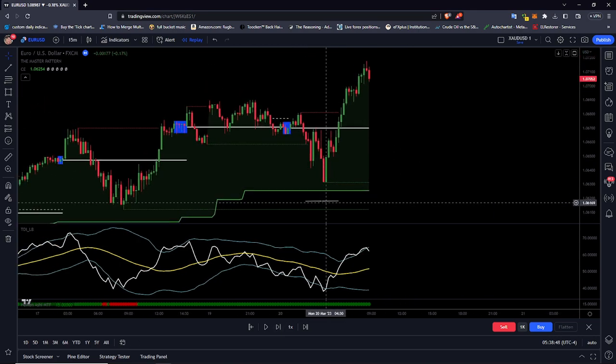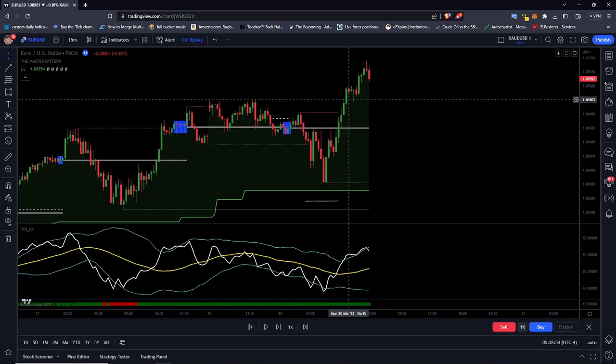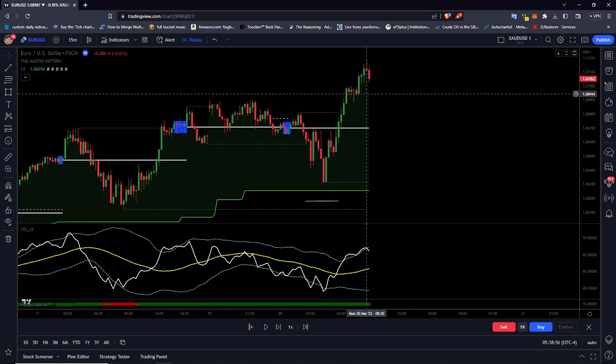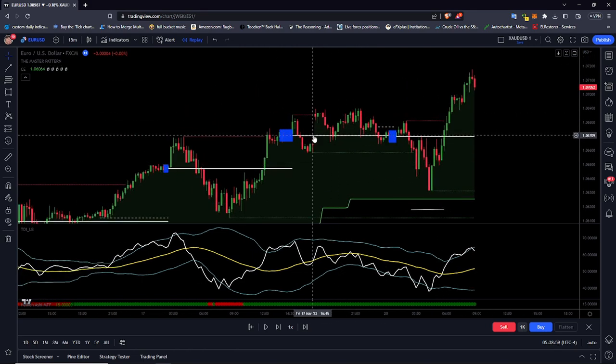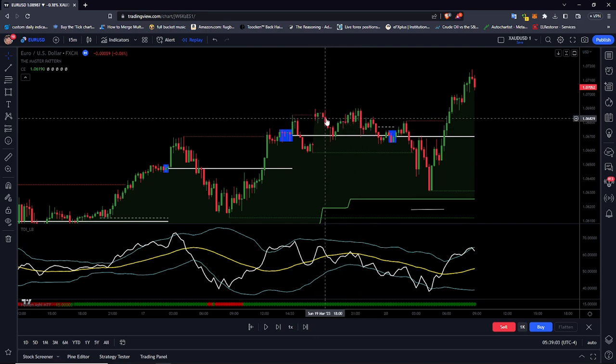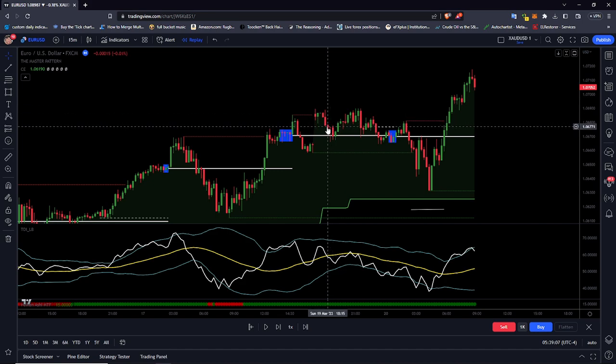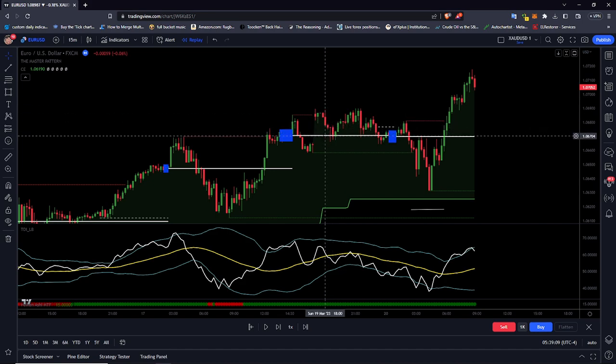This is what you want to see, right? When you enter your positions, price should go away from your entries fast. If you enter a position and price keeps doing this, right? Let's suppose you sold here, your stop here, and this is a 15-minute chart, right?